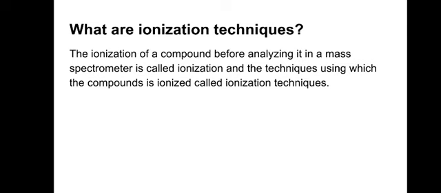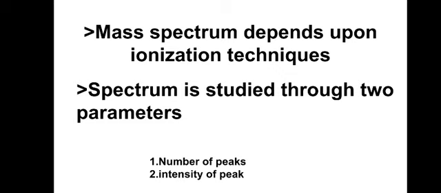As we get a graph at the end of mass spectrometry, the graph must contain information about an analyte, and this information is known as the mass spectrum.